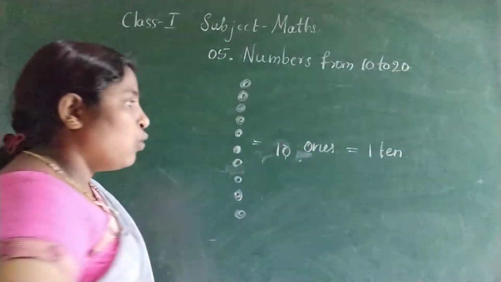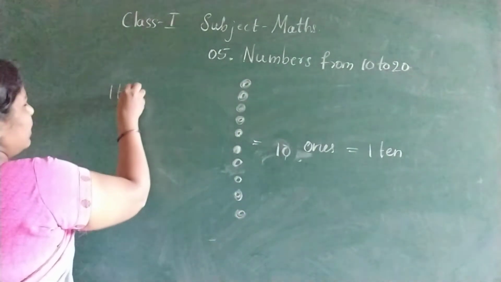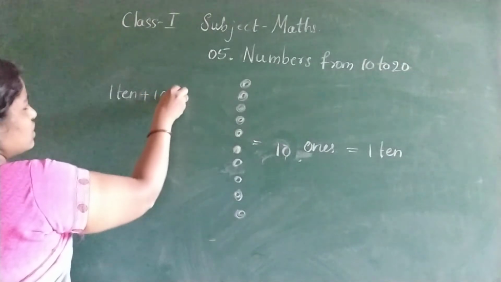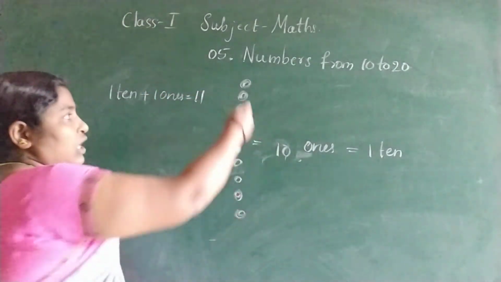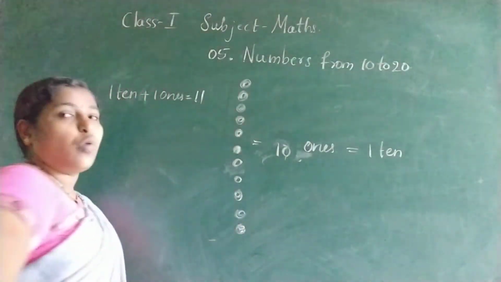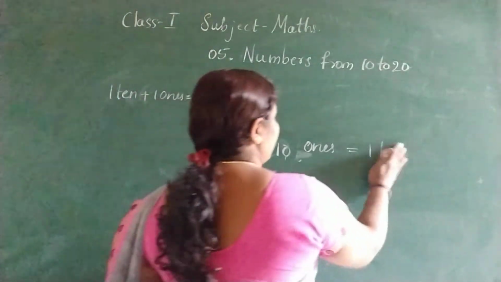1 ten plus 1 one is equal to 11. It means adding one more to 1 ten, that is 11. ELEVEN 11.